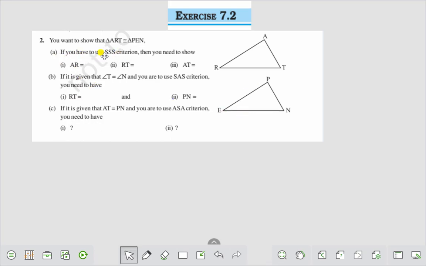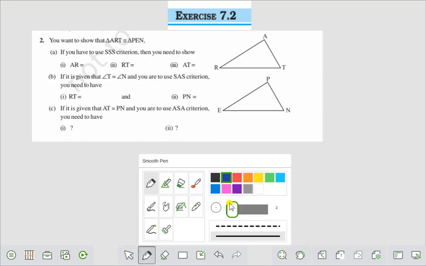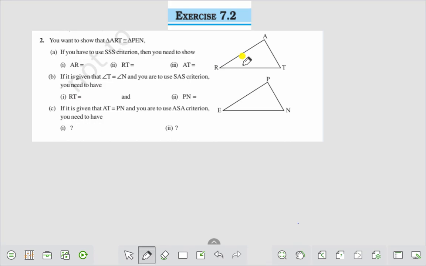If you have to use side criterion, then you need to show that AR is equal to PE.